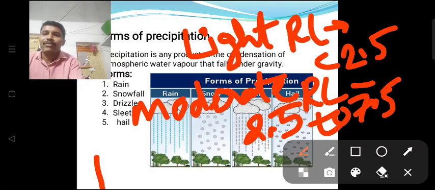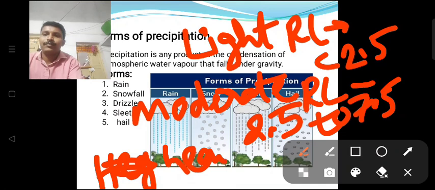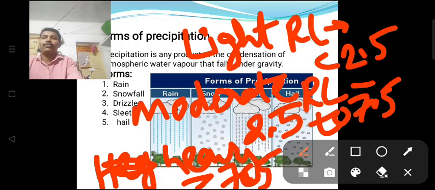Coming to heavy rainfall, or high rainfall, it is greater than 7.5. Heavy rainfall or high rainfall is greater than 7.5 mm per hour.